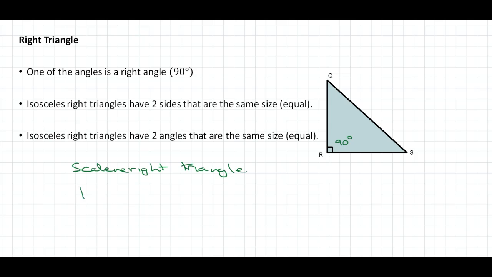Then we also have an isosceles right triangle. In this case, two of these sides are equal. So this is going to be 45 degrees and 45 degrees. So this is going to be an isosceles right triangle.